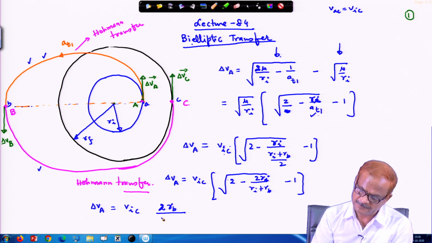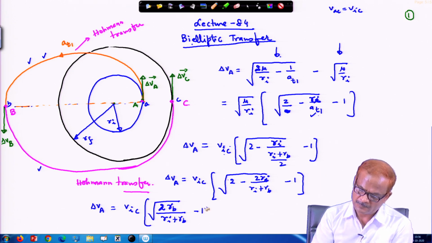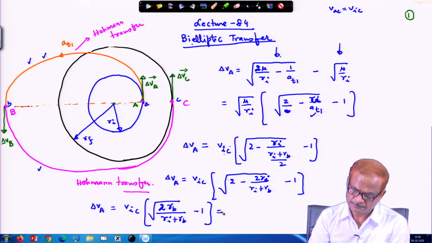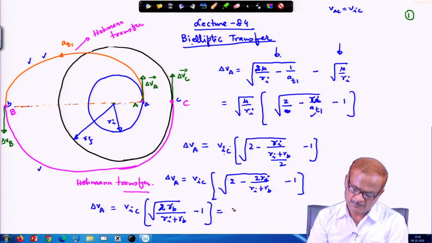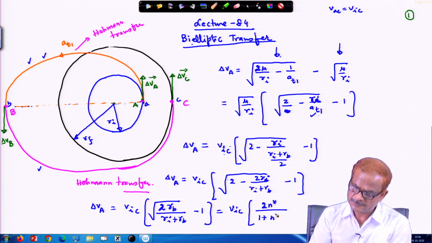So, 2 r b divided by r I plus r b under root, minus 1, which is 2 times n star divided by 1 plus n star under root, minus 1.